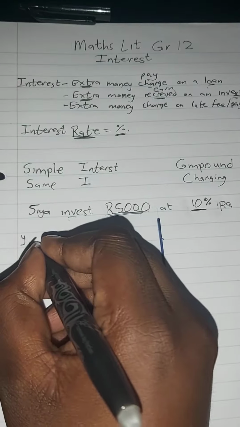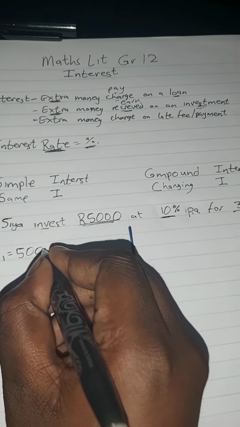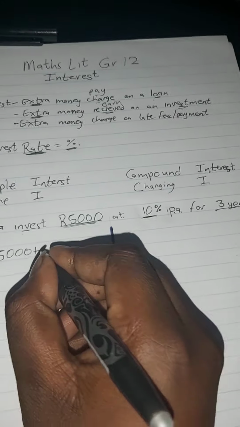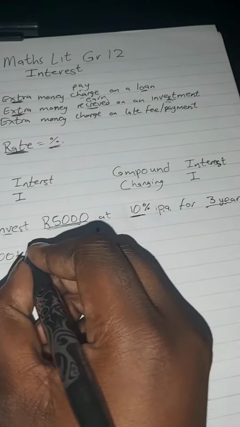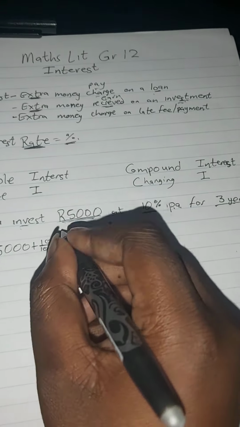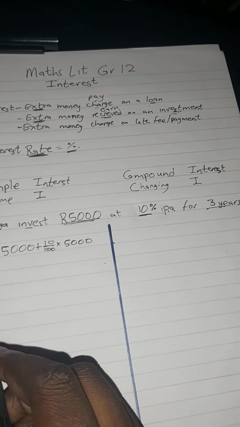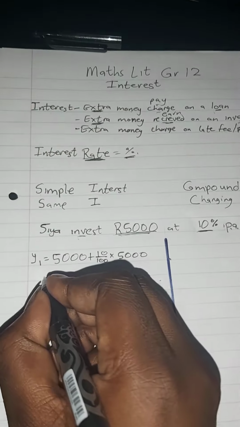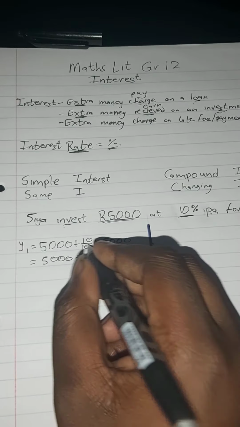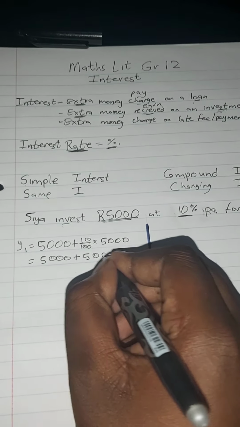Year 1. Sipho has the 5,000 rands. And then if we invest, it's a plus on top. So it will be 10% multiplied by the 5,000 rands. What does that mean? That means it's 5,000 rands plus 10% of 5,000, which is 500.